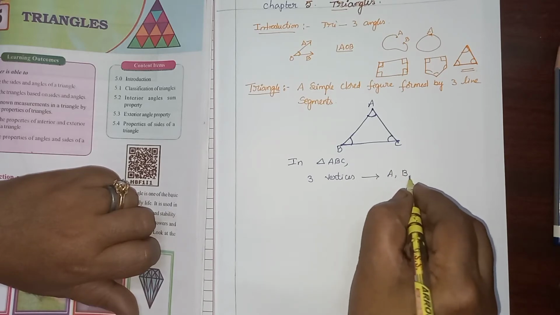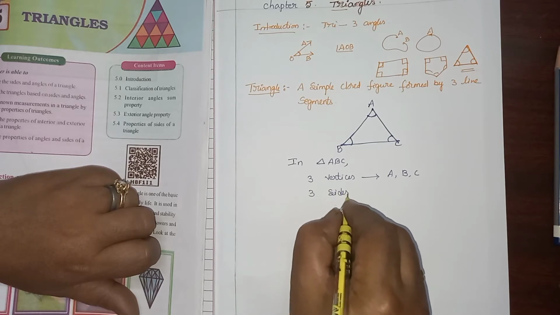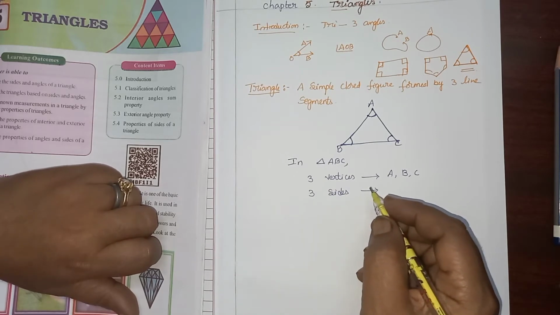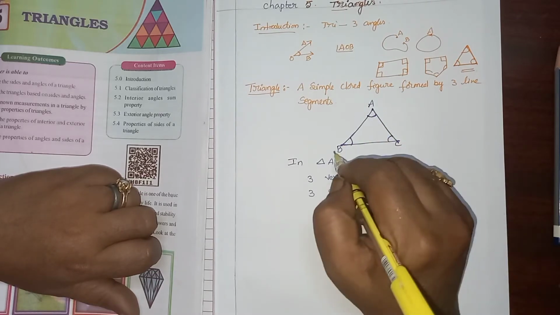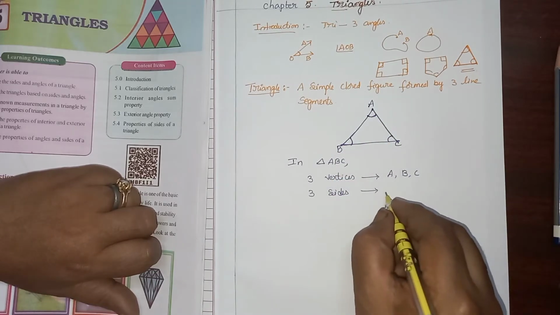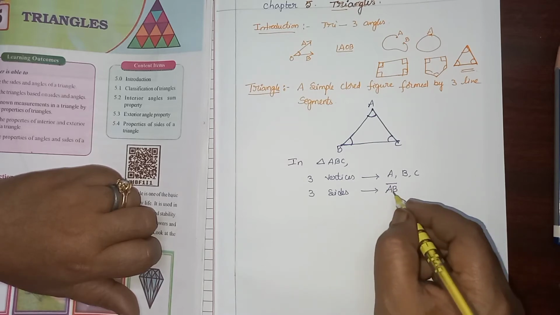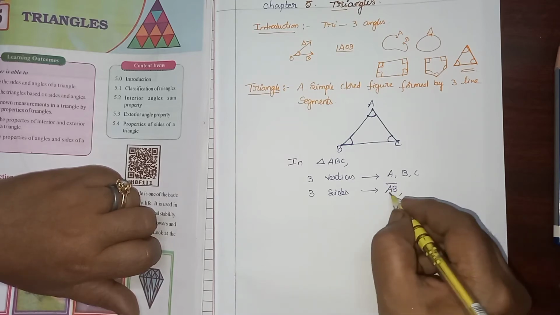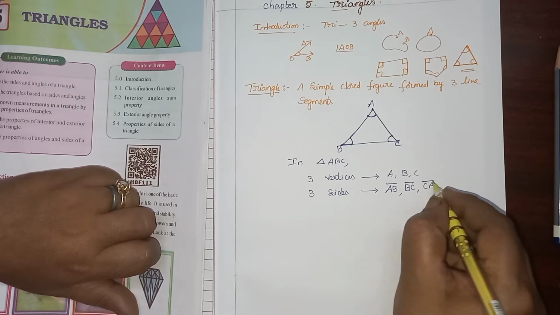A, B and C. Then 3 sides. The line segments are called the sides of the triangle. In a triangle, the line segments are called sides of the triangle. You can mention sides by 2 alphabets: line segment AB, line segment BC and line segment CA.